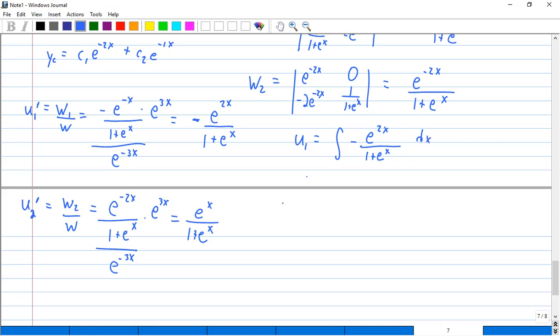That's going to be the tough one. u sub 2 is the integral of e to the x over 1 plus e to the x. That's going to be the easy one. That's a natural log integral. Because if I let my denominator be my u, my du is e to the x, it's in the numerator. So it's the integral of 1 over u.